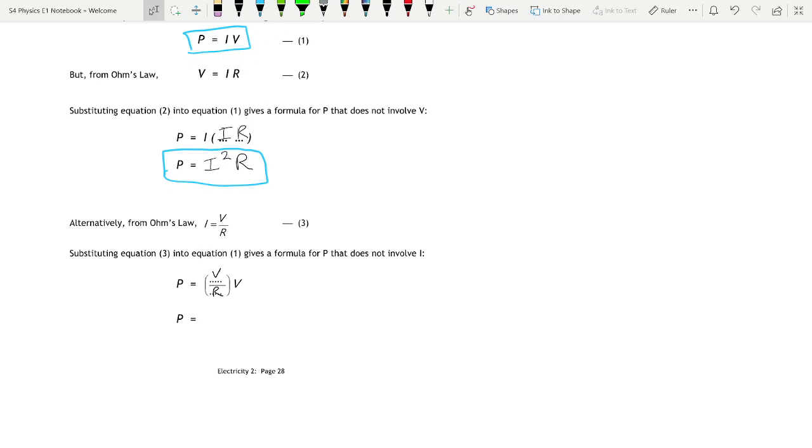So it's P equals V times V over R, or V squared over R. And that is another equation which has got power in it. Lots and lots of equations that have power in them.